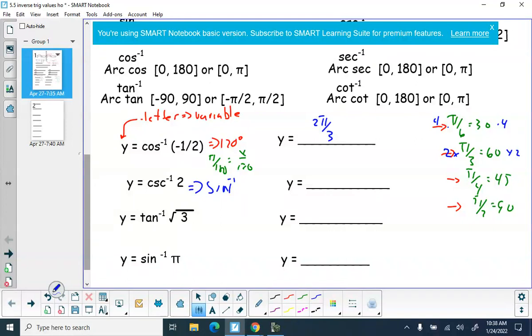Inverse sine of what? 1 over 2. We reciprocated the trig function, so we're going to reciprocate our value. So we have the inverse sine of 1/2. So you find a degree measure, and then change it in terms of pi.